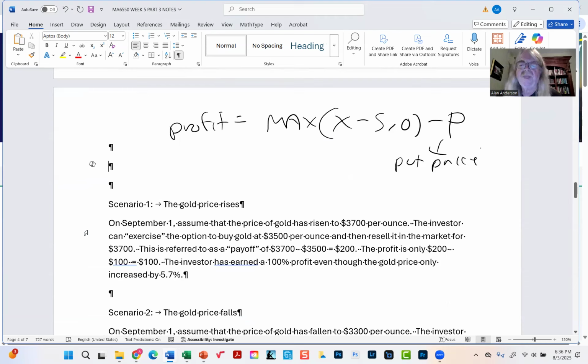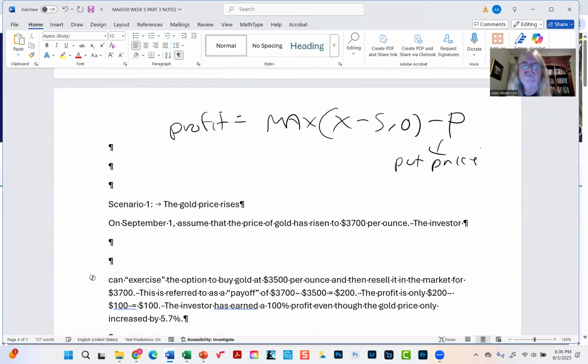So here, the investor will not exercise the option because they have the right to sell it for 3,500.